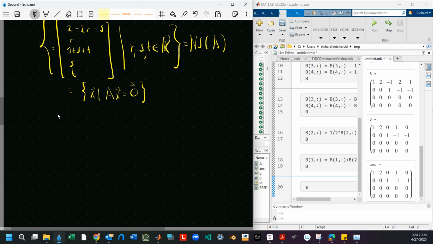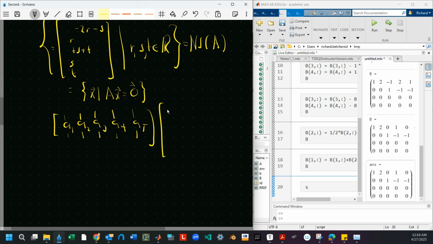If I write A out in columns, so it's got 5 columns, I'm just going to write it like this: A1, A2, A3, A4, A5. Then saying that A times this thing over here is 0, I have A times this thing. Sorry, I need to get rid of the integer part here. The null space is just that part there.